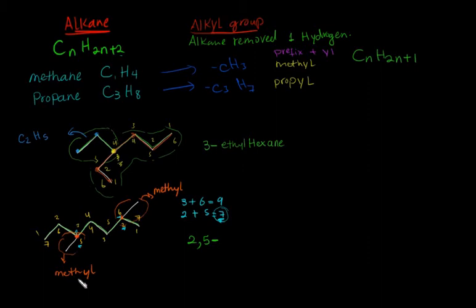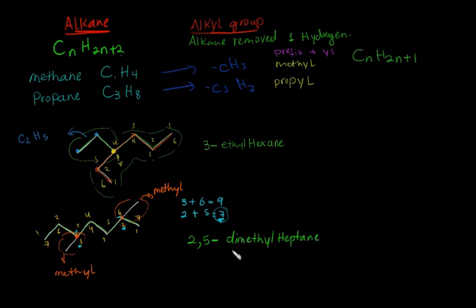So we have 2 methyl groups, so we'll say dimethyl, and then the long chain consists of 7 carbons. So it will be hept. Then the suffix is "an", so heptan.